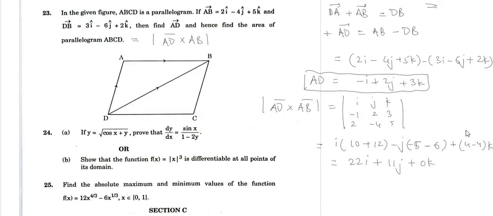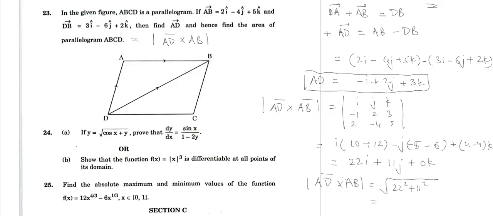Okay, and area will be mod of this cross product. What is the mod of this cross product? So that is under root of 22 square plus 11 square.